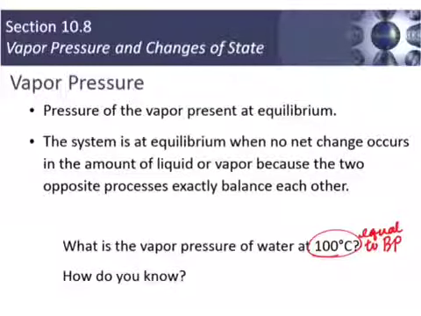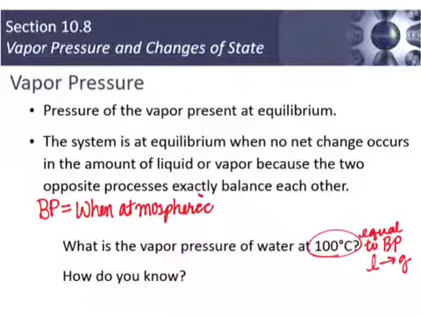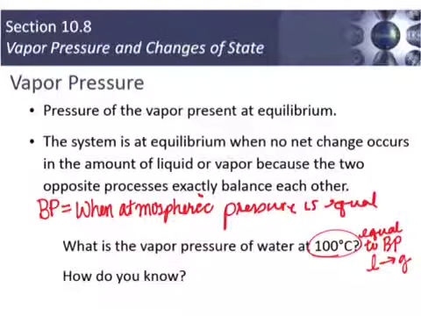That's where we have liquid becoming gas. So the definition of boiling point is when your atmospheric pressure is equal to your vapor pressure.